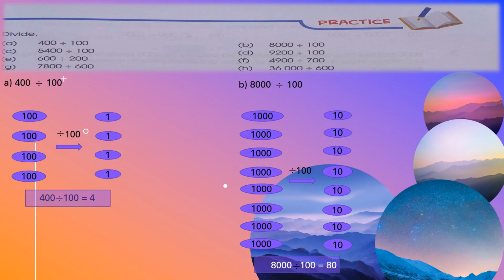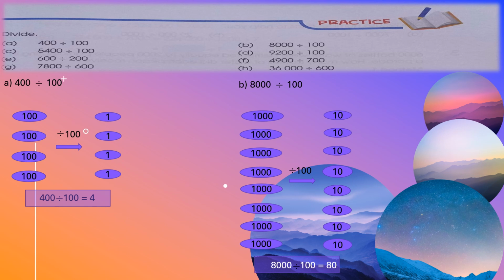Now we are going to solve the practice questions in which we have to divide, and part A is 400 divided by 100. For 400 we have 0 ones, 0 tens and 4 discs of 100. When these discs are divided by 100, we have 4 discs of 1 as a result, which means 4. So 400 divided by 100 is equal to 4.